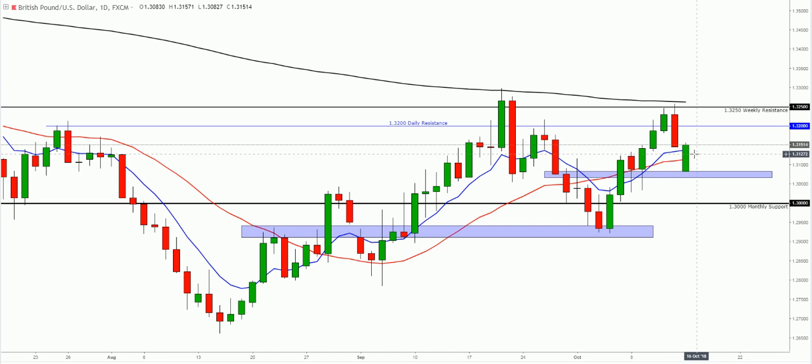And having mentioned fundamentals, this week we have the average earnings for the pound on Tuesday, inflation data on Wednesday, along with another Brexit meeting on Wednesday.